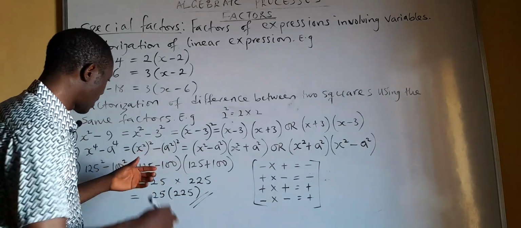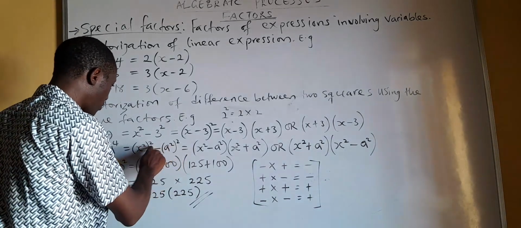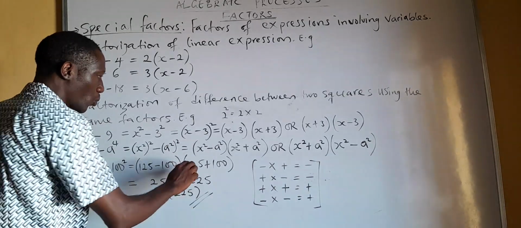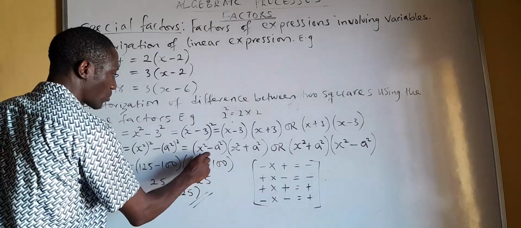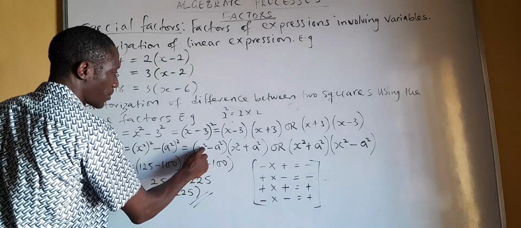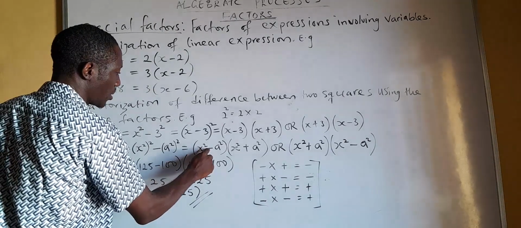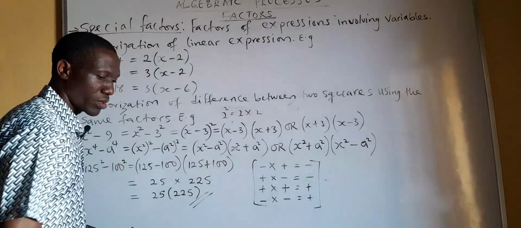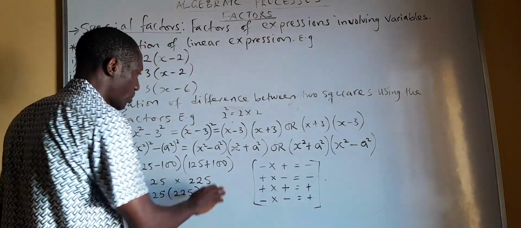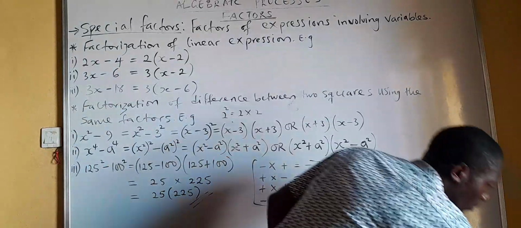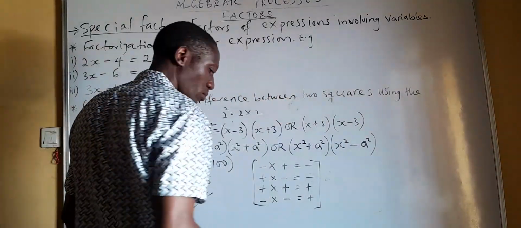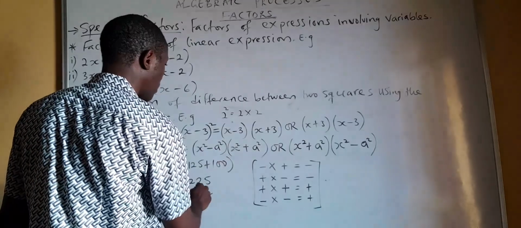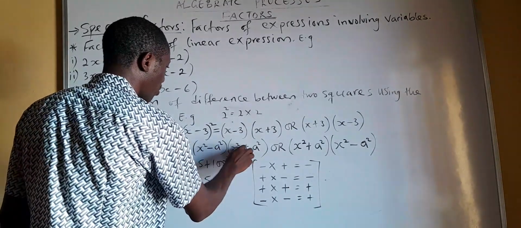So now, since we have square here, same power, we can put it this way to say x square minus a square. Okay, let me put it this way: x square minus a square, then x square plus a square.